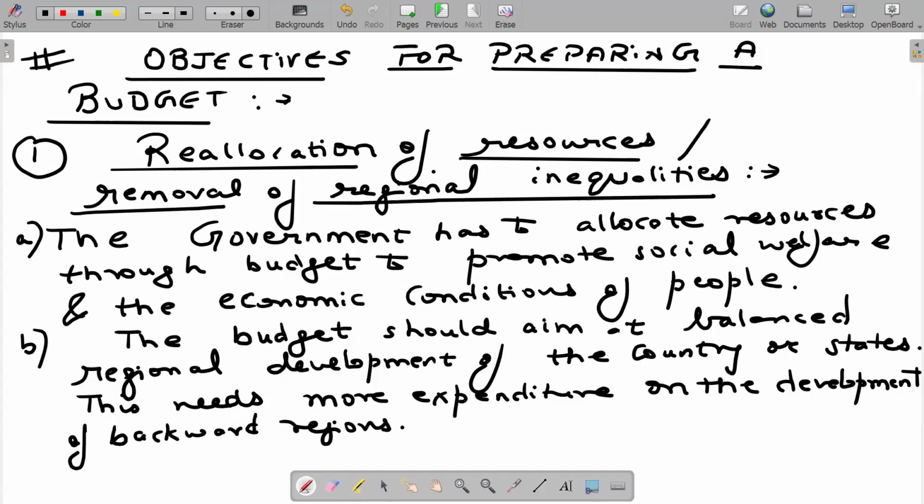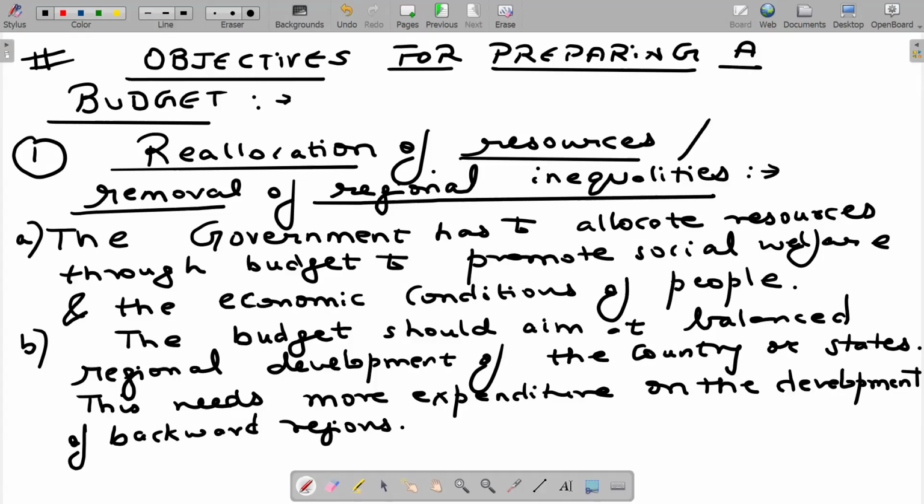Balanced regional development can happen only when the government spends more on the backward regions. So what does the government usually do to support development of backward regions? The government declares some regions as special economic zones.